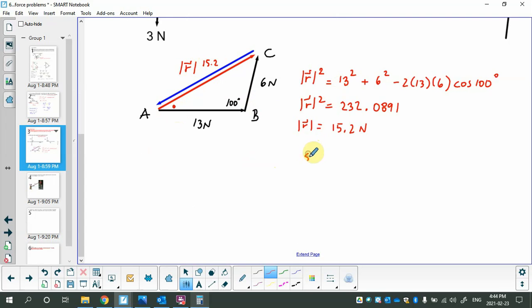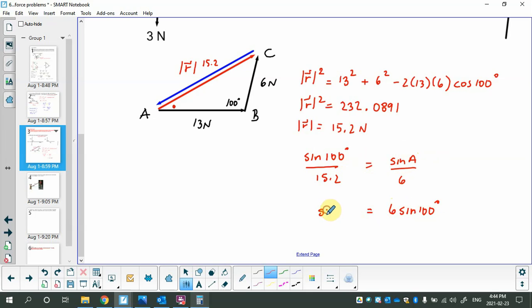So I'm going to do sine of 100 over 15.2 equals sine of that dot, which is A, over 6. And this is going to be the second function sine 1 again. So I'll have 6 times sine 100.